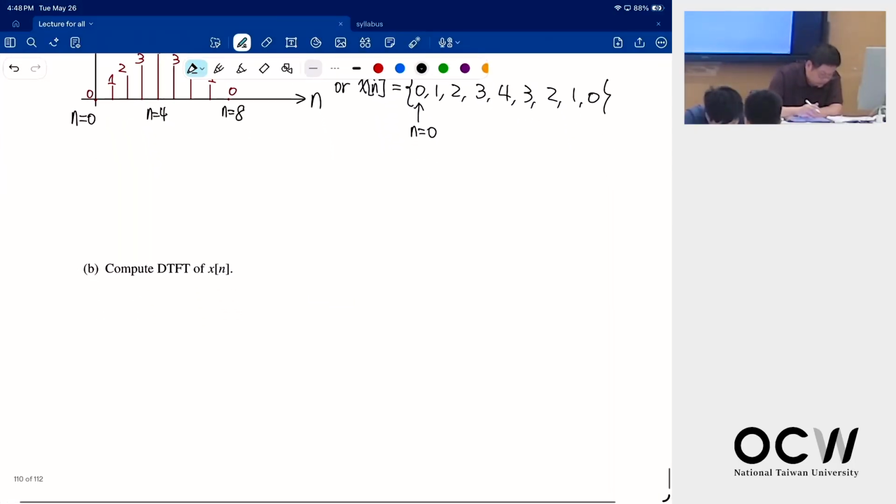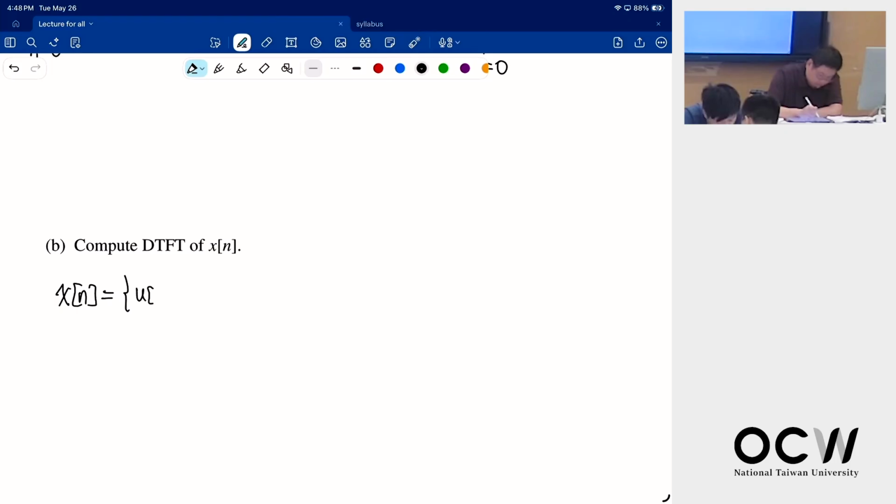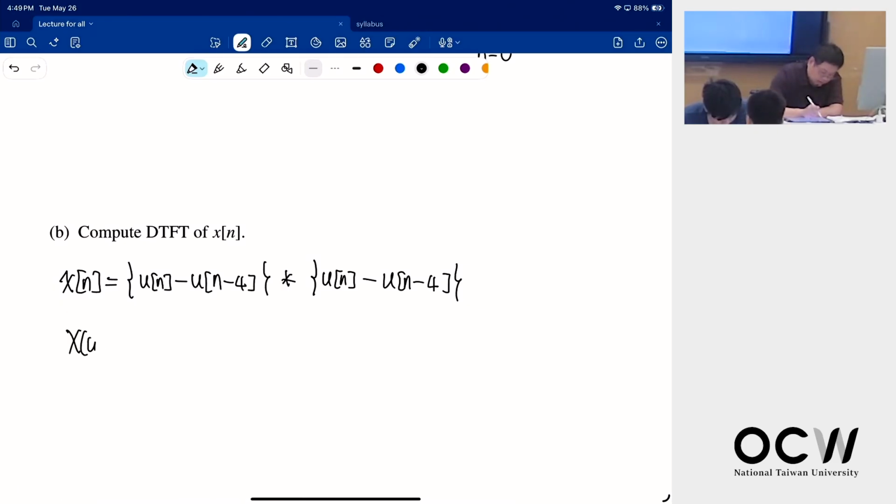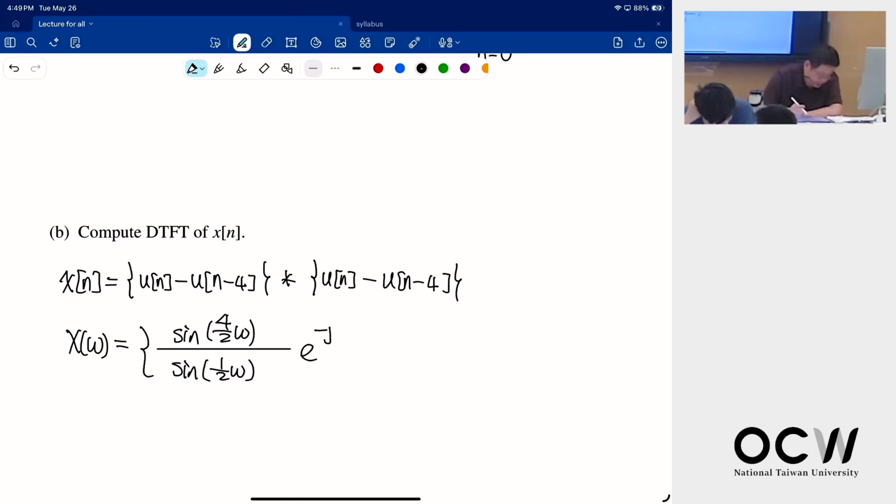So then your discrete time Fourier transform, the multiplication, you should get sine(4/2 omega) divided by sine(1/2 omega) times exponential minus j times 3/2 omega, all squared.